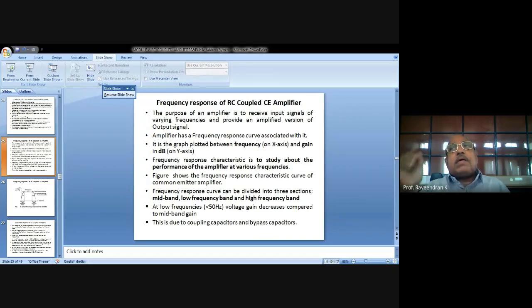So if the signal frequency is less, what happens to the capacitive reactance? The capacitor will offer a considerable capacitive reactance, isn't it? Xc is 1 by 2 pi f c. If f is decreased, Xc will be increased. Follow my point.